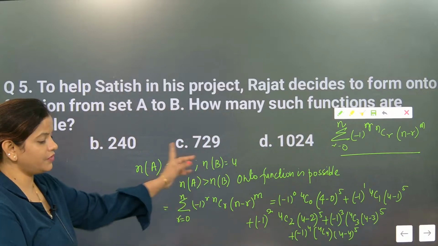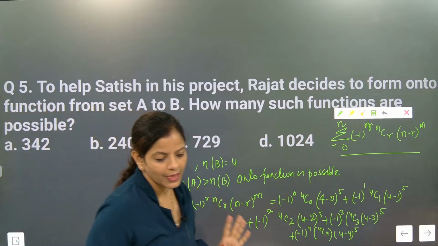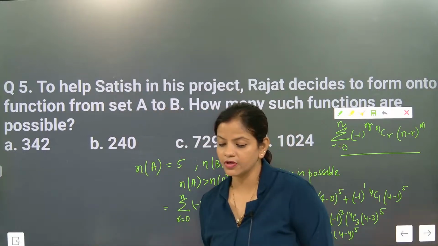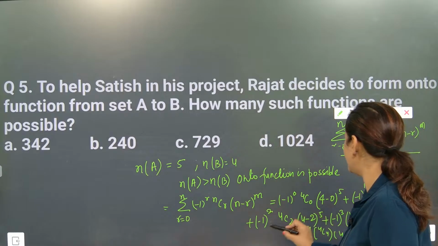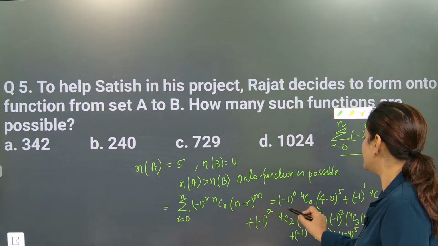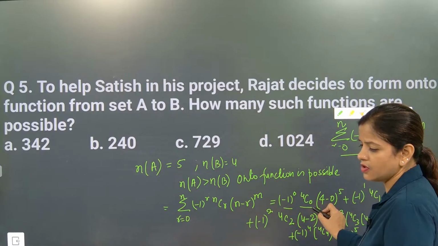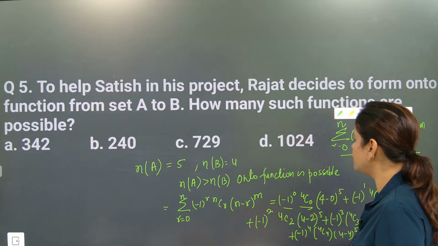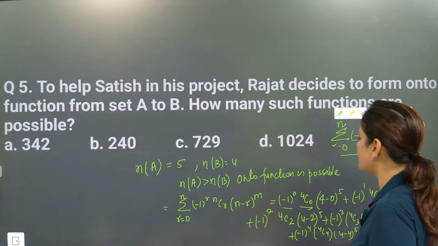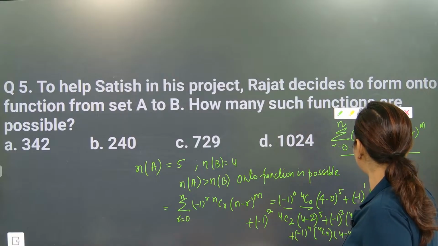After solving you will get one option. So this part, if I open it: the first term is 1 times 4C0 times 4 to the power 5. 4 to the power 5 is 1024.